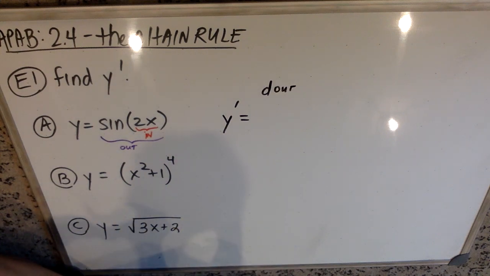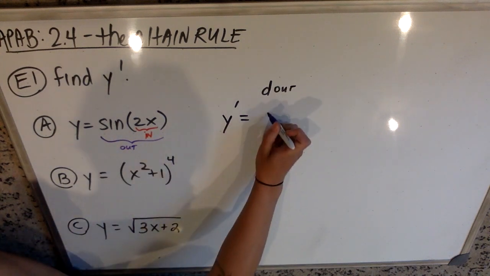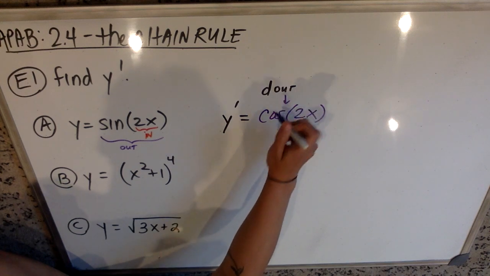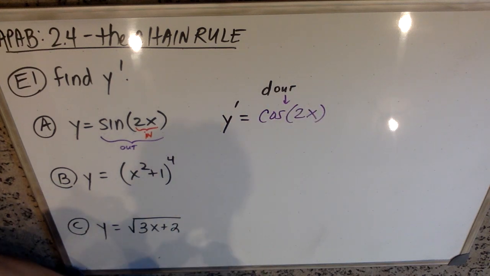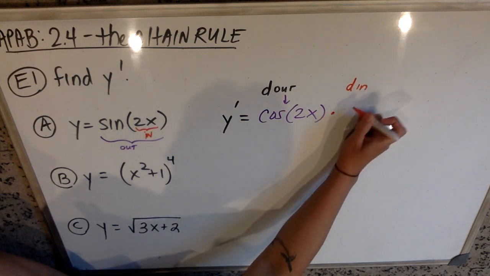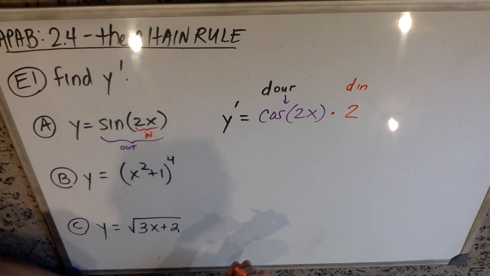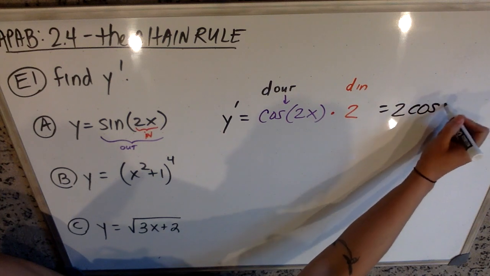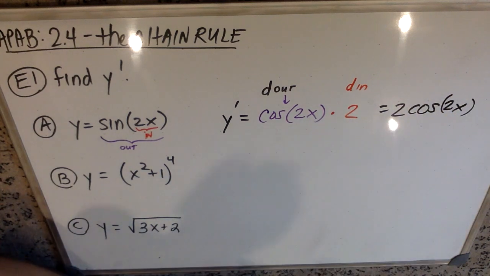The derivative of sine is cosine, and I'm not changing the 2x on the inside, so there's the derivative of the outside function times the derivative of the inside function, which is just a 2. The derivative of 2x is just 2.